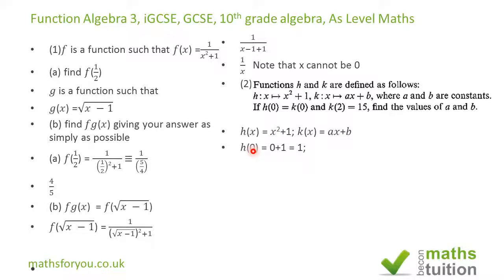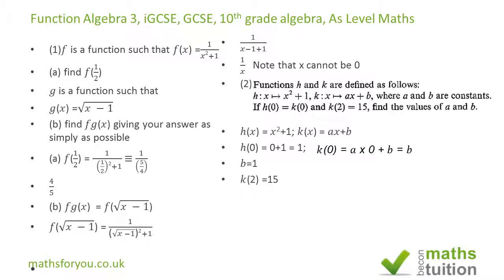So 0 squared is 0, 0 plus 1 is 1, so h of 0 is 1. Now k of 0 is the same as saying a times 0 plus b, and a times 0 is 0, 0 plus b is equal to b. Now those two are supposed to be the same, because h of 0 is equal to k of 0, which means that b is equal to 1.